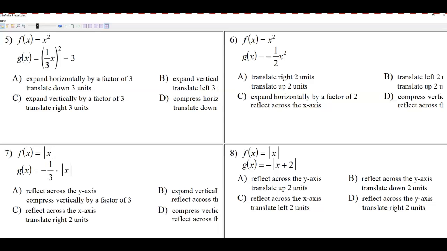So take a minute and complete that. Did you finish 5 through 8?